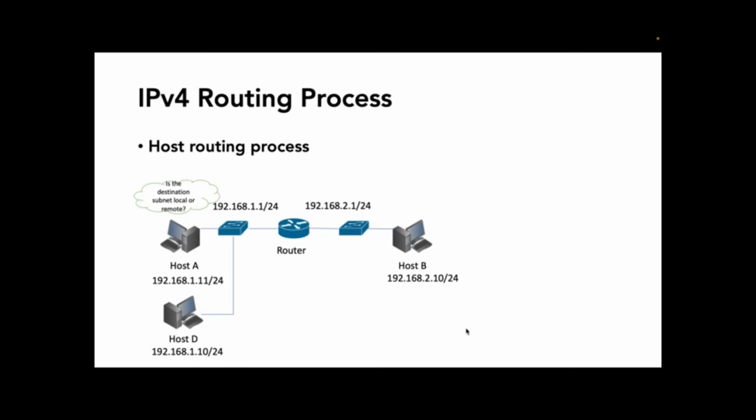For example, host A wants to forward the packet to host D. Here you can see both are in same subnet and they are directly connected. Host A will forward to the switch and directly to the host D. What if the destination is remote?